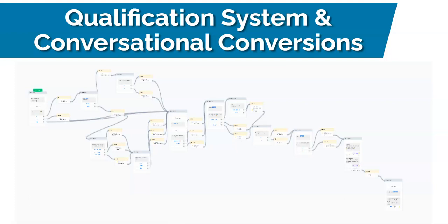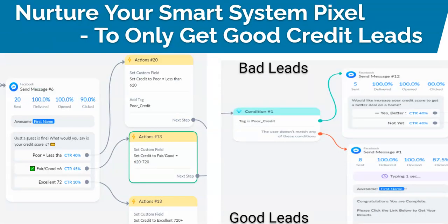When we're asking those questions, the focus is on how we make sure that we're only getting good credit leads and only dealing with people who are in a position to qualify. One of the best ways to do that is right out of the gate with credit score.